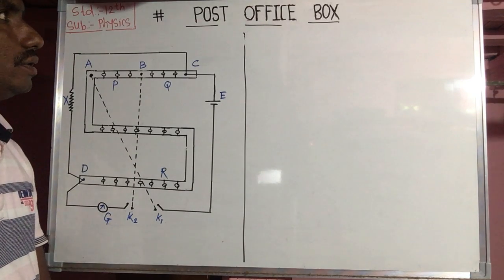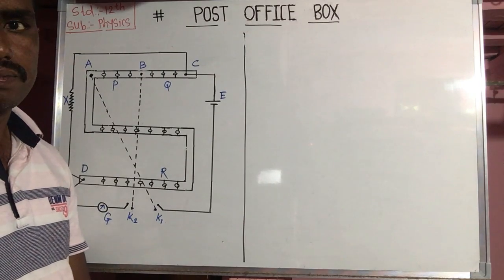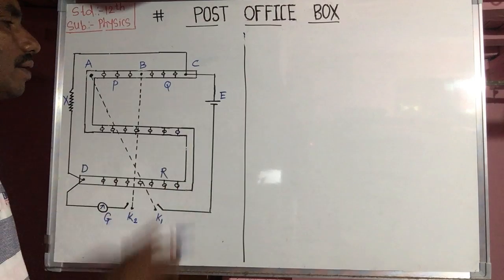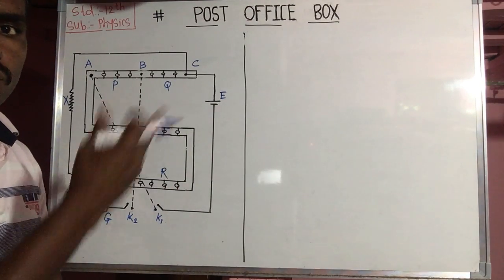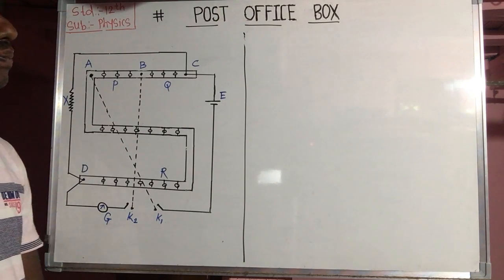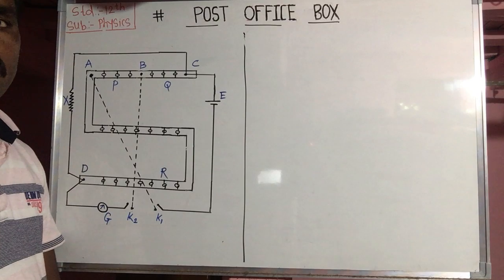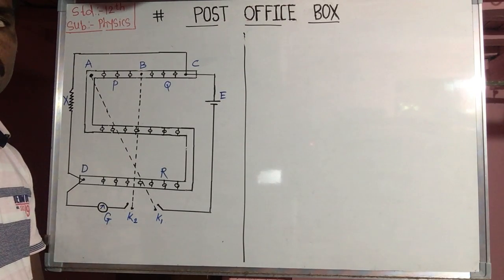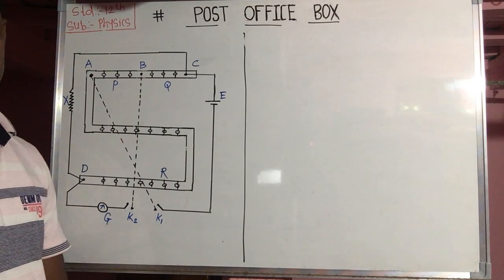Also, you know why it is called a post office box: because the shape of that circuit diagram is just like a box. It was used in post offices for measuring the resistance of telegraph wires or for measuring the resistance of transmission lines.